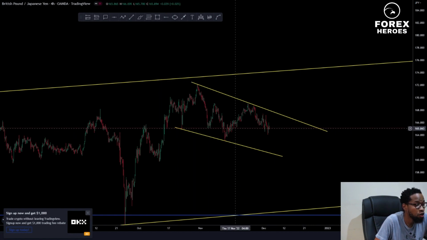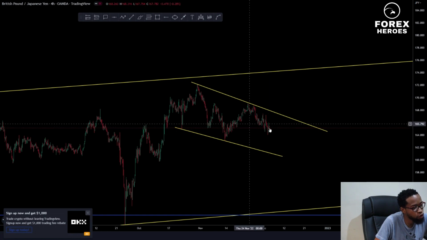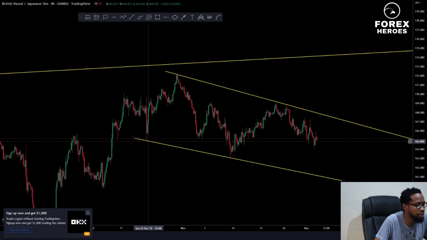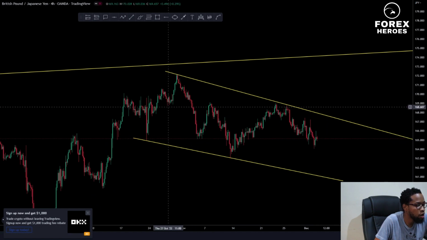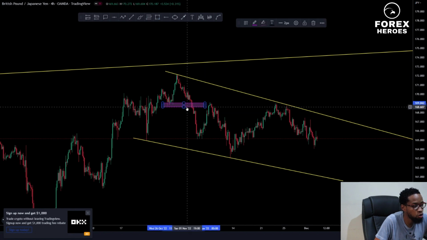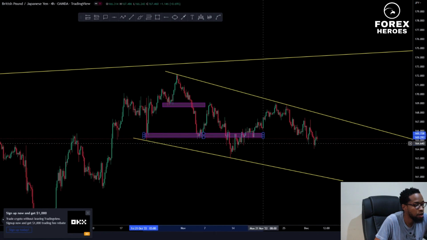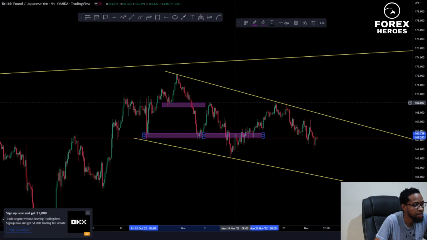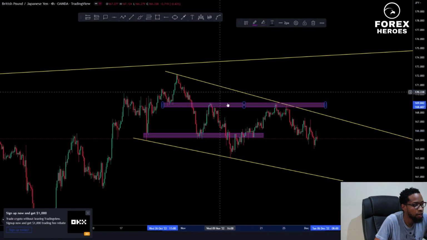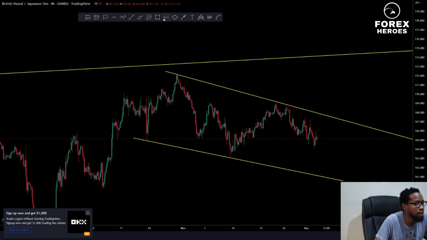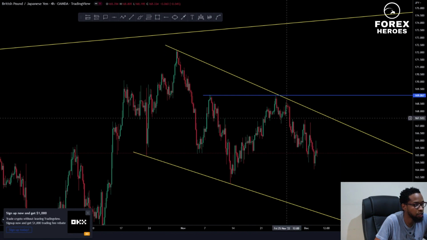But also remember, this type of correction created some form of a trend, as I've explained to you, that we took out this low here, and we also took out this low here, but eventually we came back to retest this point here. As we can say, this is our double top, hence the market pushed further to the downside.